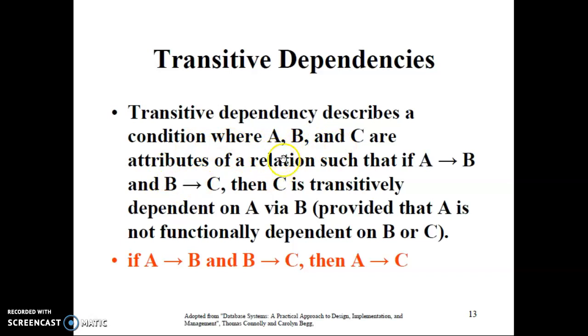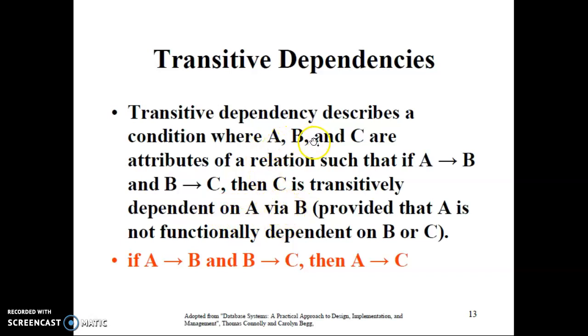Let us consider one table with the attributes A, B and C, and functional dependencies like A determines B, B determines C, that means A to B, B to C. Then C is transitively dependent on A through B, via B.